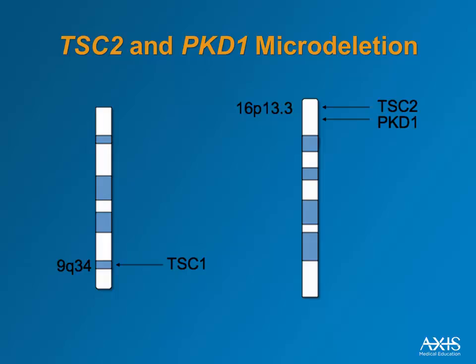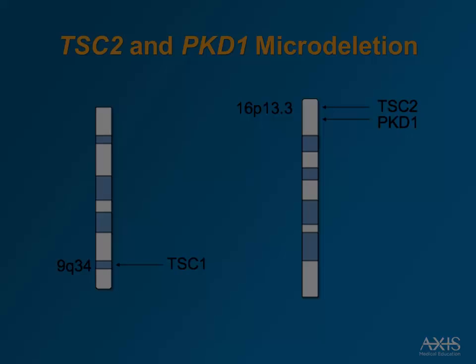And there are some individuals with tuberous sclerosis complex who have a gene deletion, or a chromosomal deletion actually, that spans the TSC2 and the nearby PKD1 gene. And they literally have two genetic disorders, TSC due to TSC2 deletion and polycystic kidney disease due to PKD1 deletion. So they will have the classic signs of polycystic kidney disease in addition to their tuberous sclerosis complex.